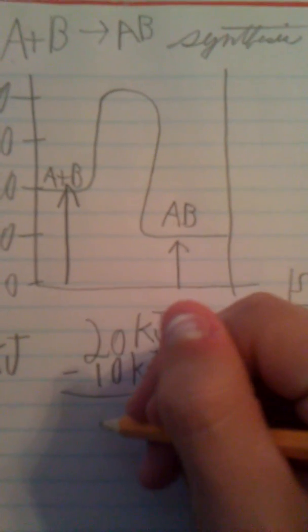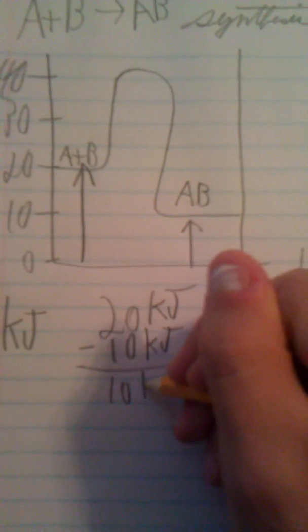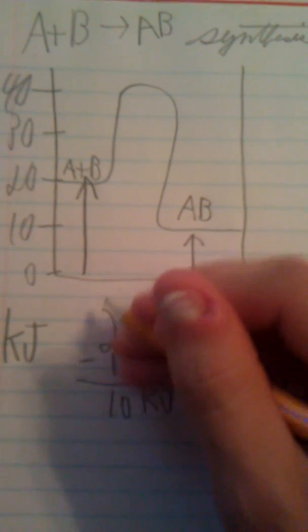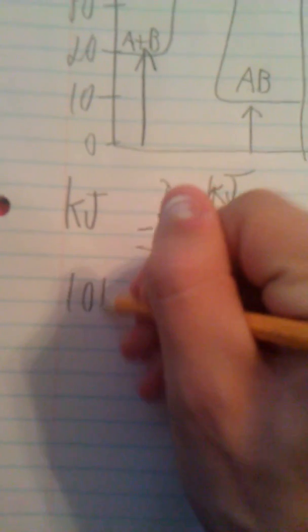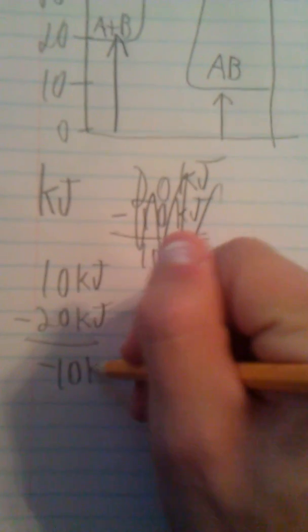To find the change, you start with the products: 10 kilojoules subtracted from 20. That makes negative 10. Negative 10 kilojoules is the change in energy.